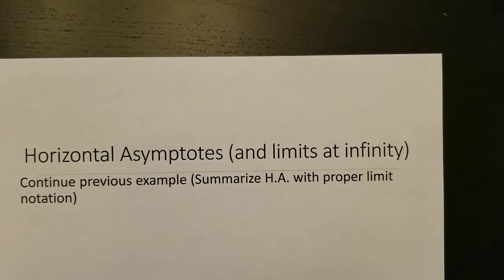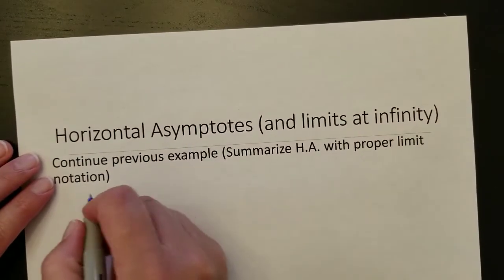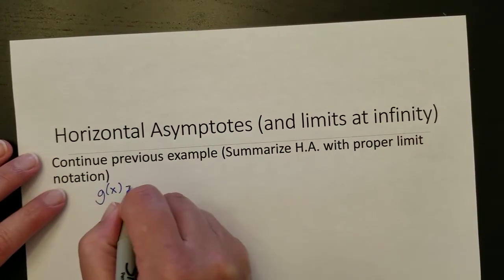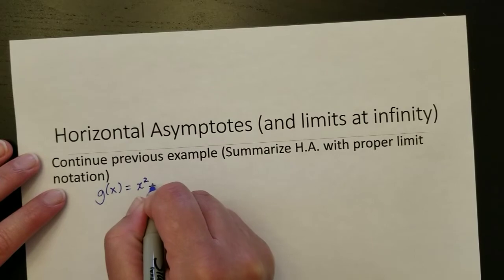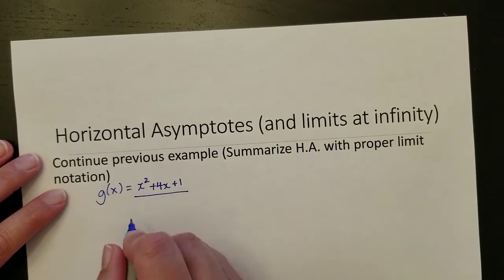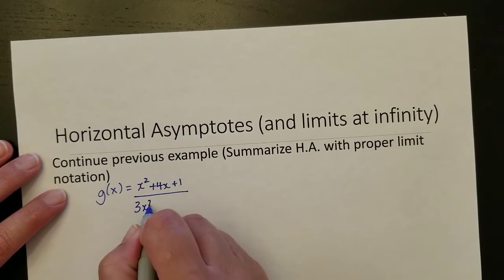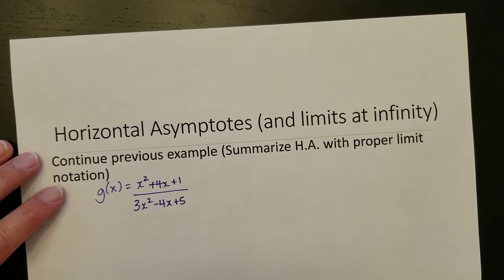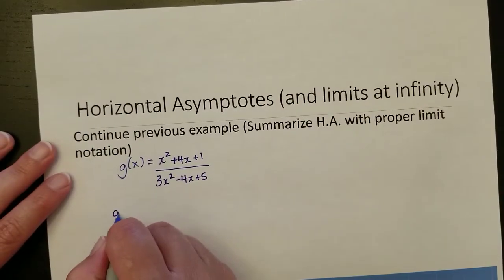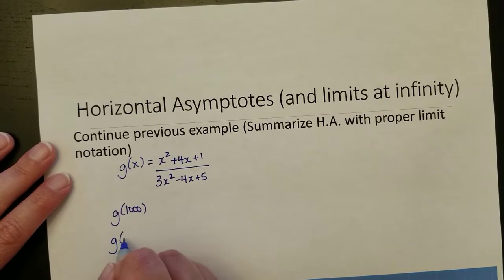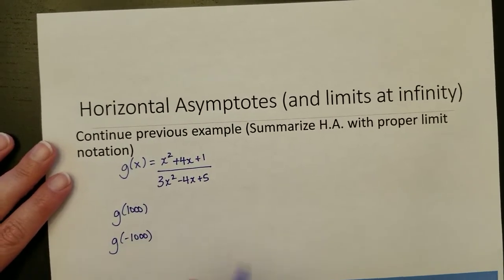For our original function from the example, we had, just writing this out for you again, g at x equals x squared plus 4x plus 1 over 3x squared minus 4x plus 5. And I'm just going to test, say, g at 1,000 and g at negative 1,000.